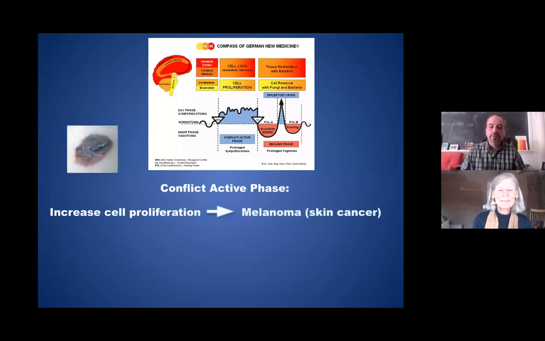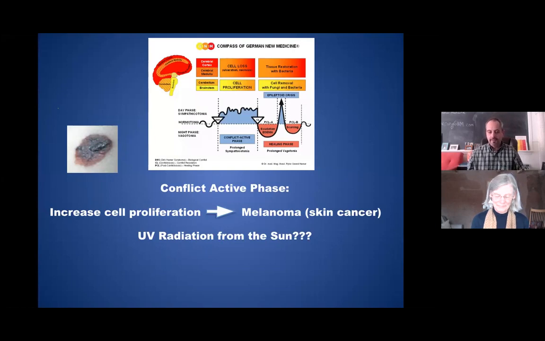So a melanoma, skin cancer, right? So there's cell proliferation going on because this area of the body is controlled by the cerebellum. And all tissue controlled by the brain stem and the cerebellum is going to respond with cell proliferation in the conflict active phase.